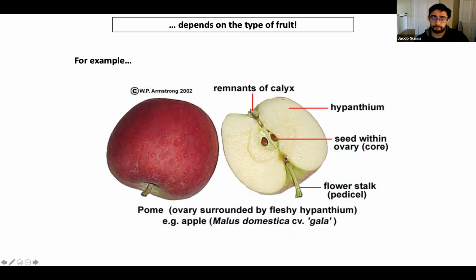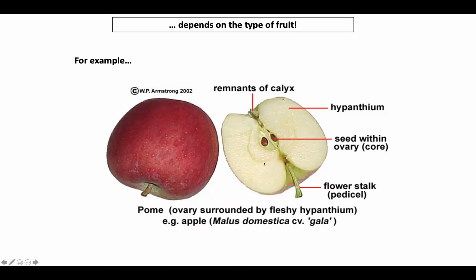Now, apples, we give them their own name. We call them pome, which I think is apple in French or something like that, or other languages. But the apple is really cool because the majority of the flesh of an apple is actually not the ovary. It's actually the hypanthium. And you can actually see this. Do you all see this line right here?